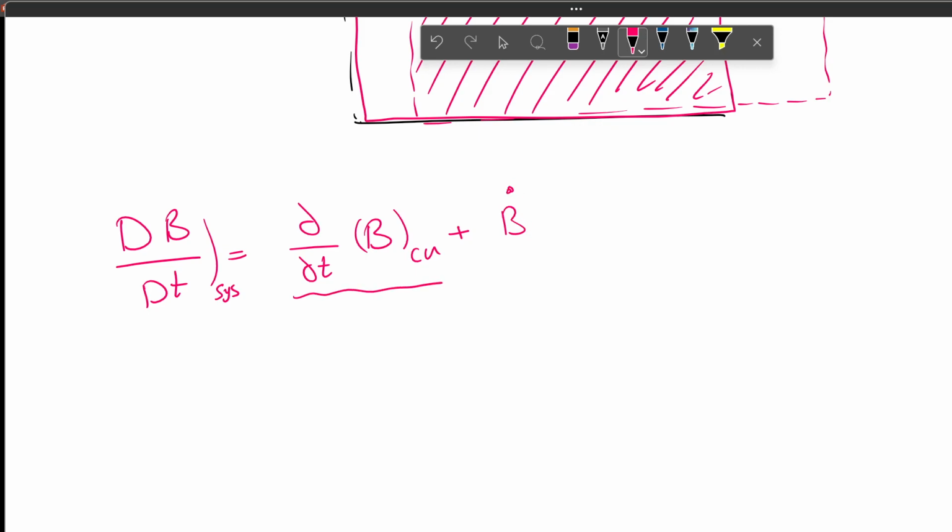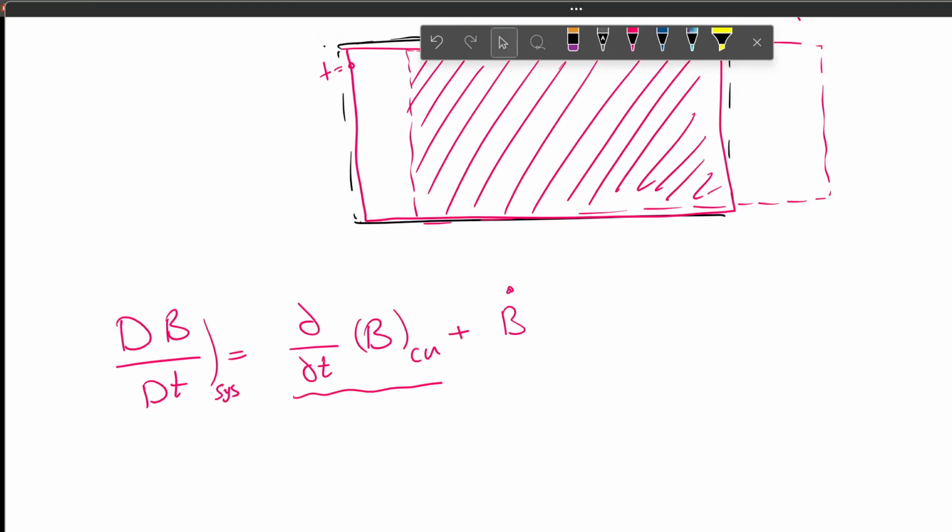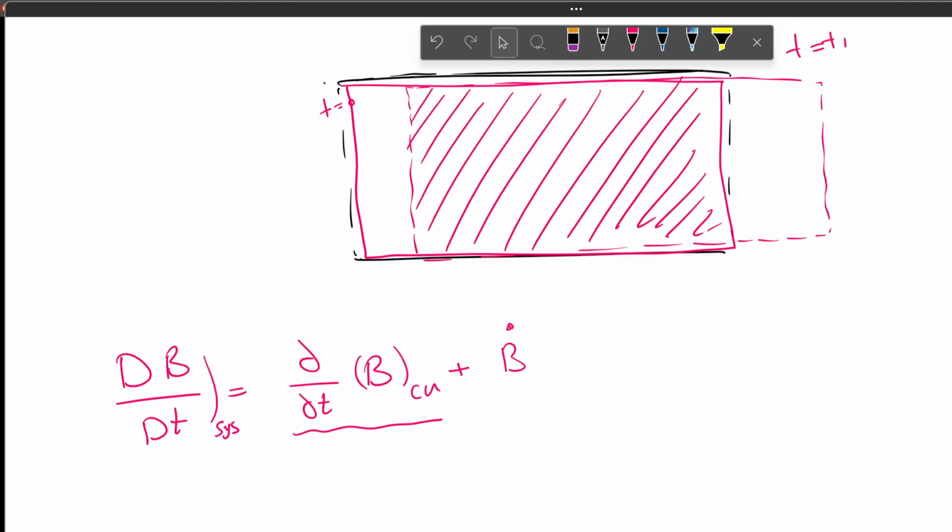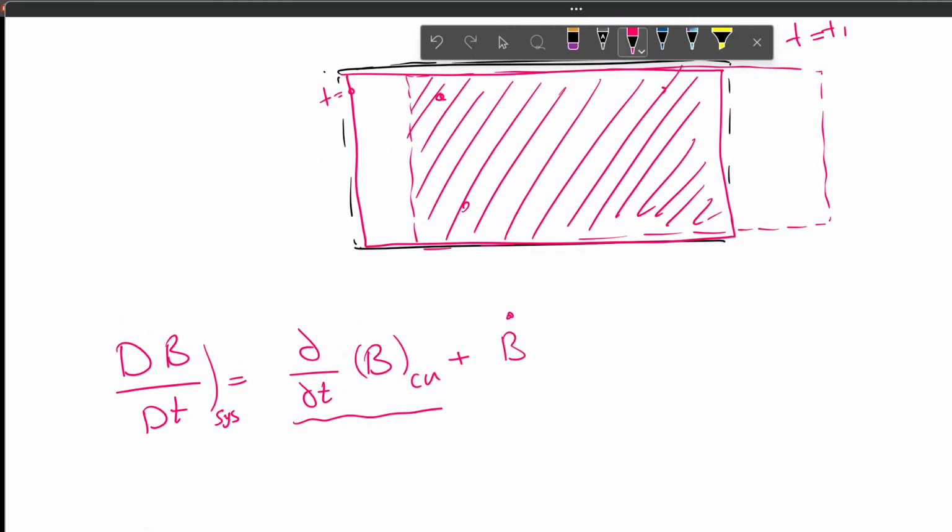But how do we calculate the changes inside the control volume? We don't really know whether this parameter B is uniform throughout this duct. What does being uniform throughout the duct mean? It means that we don't really know if this parameter B has the same value here, here, here, or here, right?